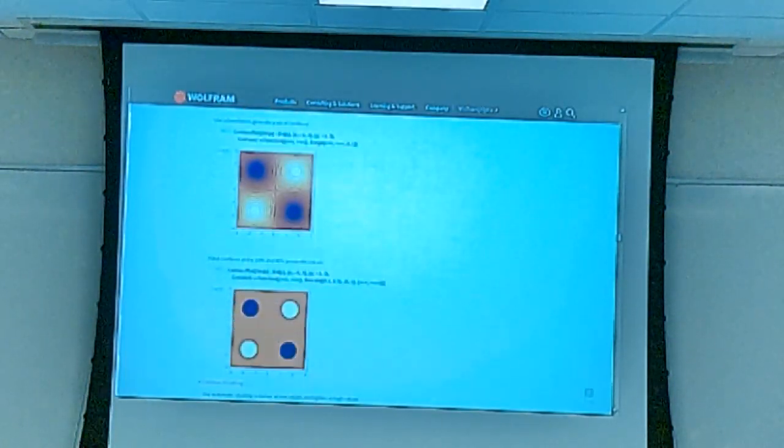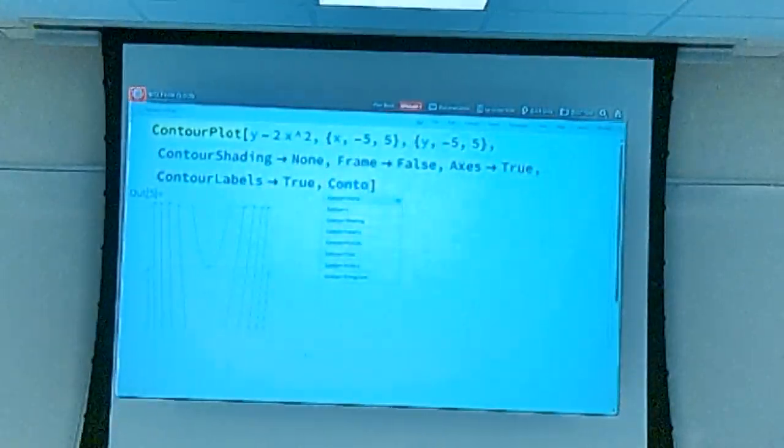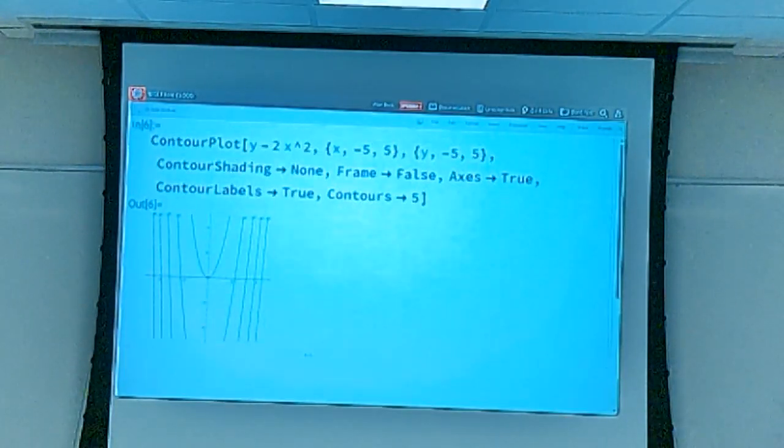And we can get into some more complex things. I'm going to just choose 5 contours.